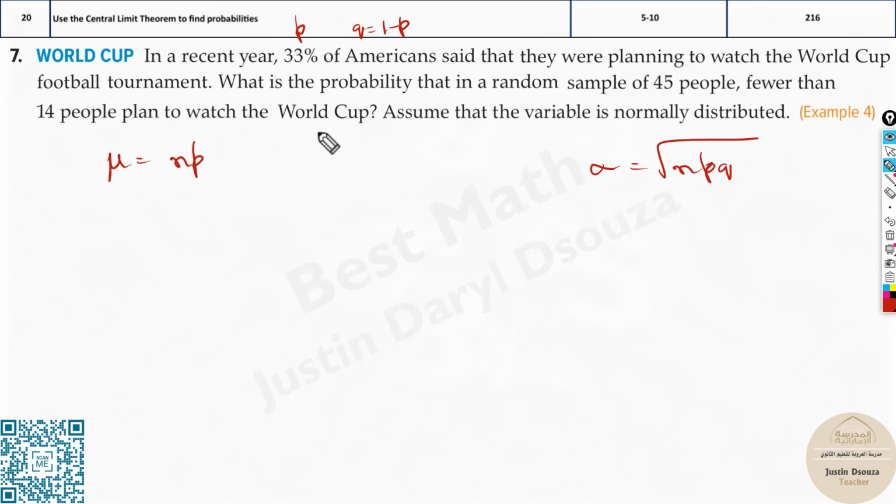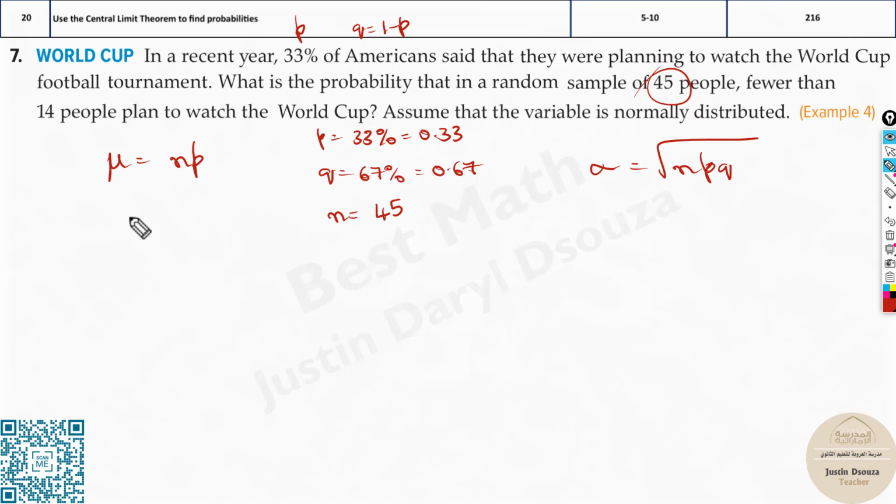So I'll write it out over here. P is equal to 33%, or 0.33. You can just divide by 100, or you can put the percent in the calculator, it will be the same. Q will be 100 minus 33, that is 67%, equal to 0.67. What is N? How many people? The sample of 45.